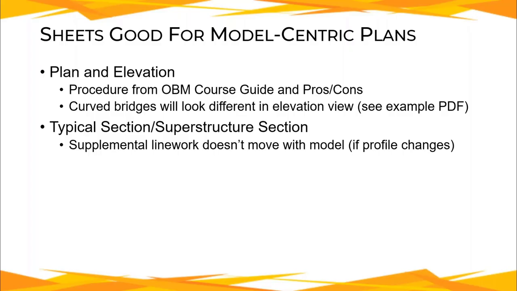So you can put in a station and it'll keep itself orthogonal to the alignments, which is what you want. Or you can actually skew it. You can give it a specific skew angle, and it'll put that section cut at that specific location. So it's very quick and easy to do typical sections or superstructure sections with the model.